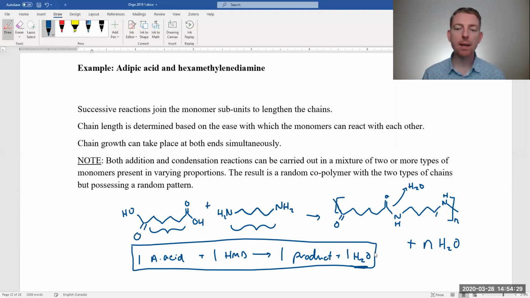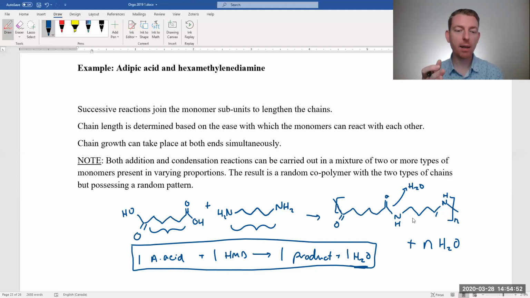Unlike in addition reactions, the addition polymerization, where we didn't lose any atoms or pick up any extra atoms as it was turning into a polymer, we could just add up the molecular weight as it went through. Here you see, when we do the condensation, we have to subtract out the molecular mass, or the mass overall, of the water that we're also producing.